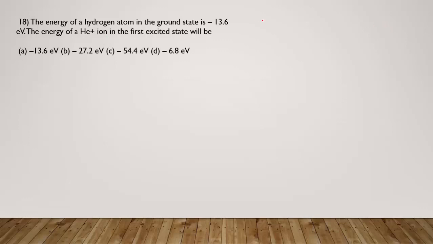We know the formula, energy in the nth orbit of a hydrogen-like atom: En is equal to minus Z square into 13.6 divided by N square electron volt. For the first excited state of helium, N equal to 2 and Z equal to 2.